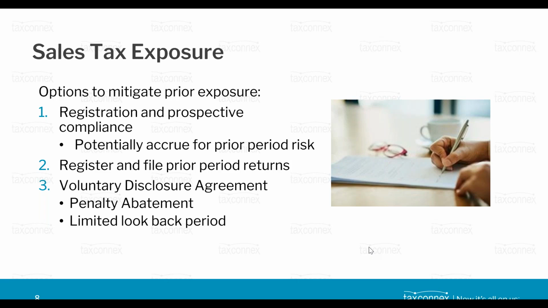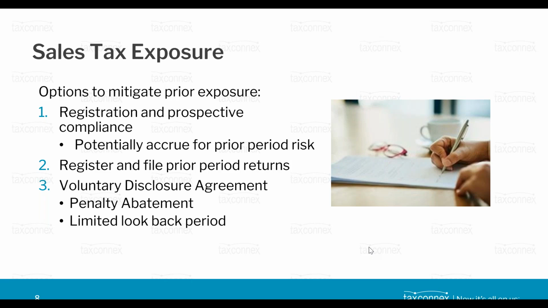So when we look at the register and file prior periods, it kind of looks and feels a little bit like a voluntary disclosure agreement. I think the key difference here would be the voluntary disclosure agreement usually is a larger, longer period of time. So if I only had to go back a month or 2 months, I might select option 2 to register and file prior period returns.